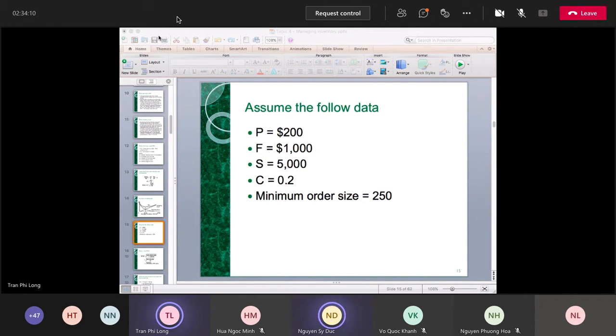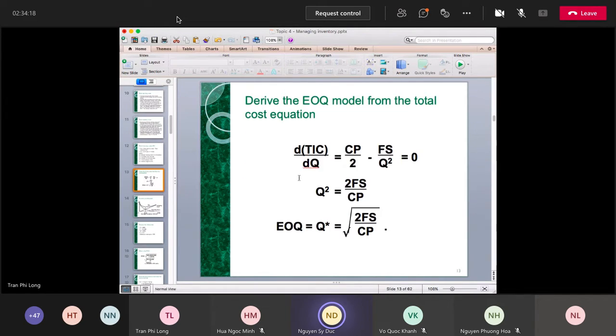Teacher, can I ask about deriving the EOQ equation, because I haven't written it down yet. Okay, it's here. Okay, thank you. Okay, equal to FSCP. Thank you.